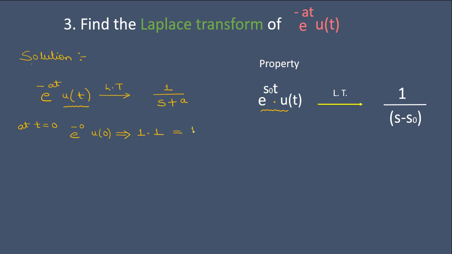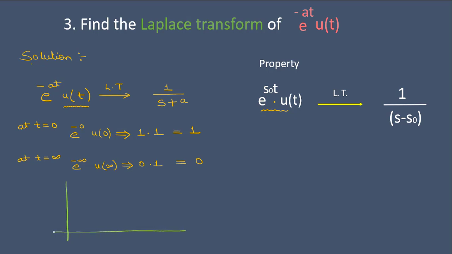So it is 1. At t equals infinity, it is e raised to minus infinity into u of infinity. E raised to minus infinity is 0 into u of infinity which is 1, so it is 0.